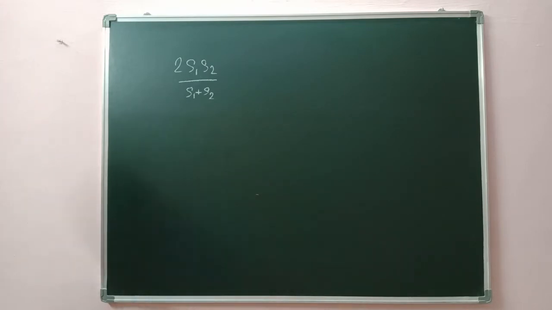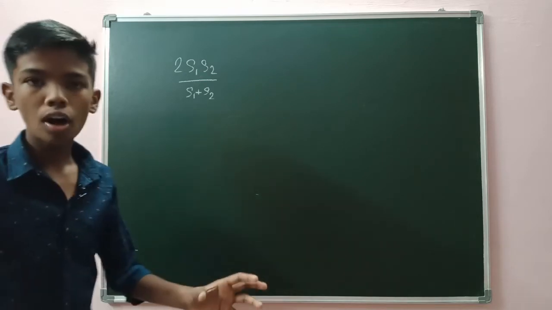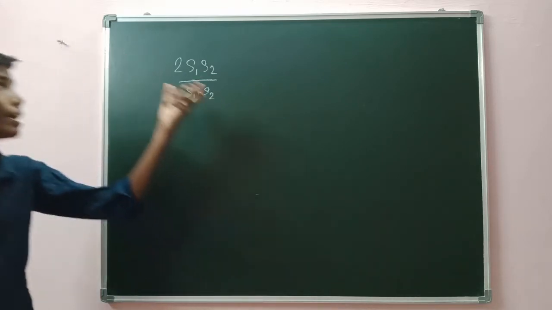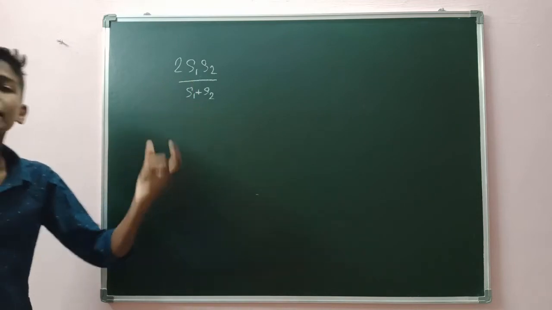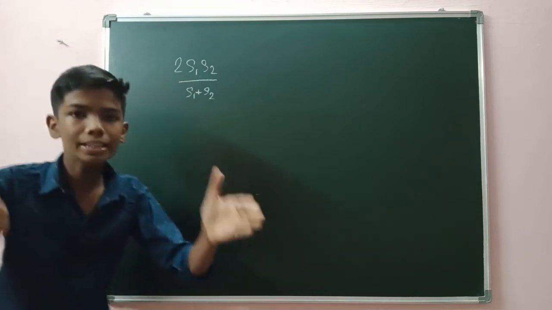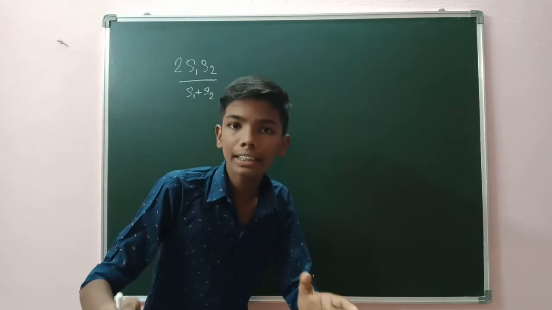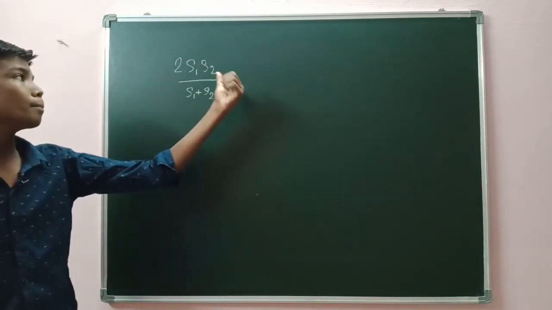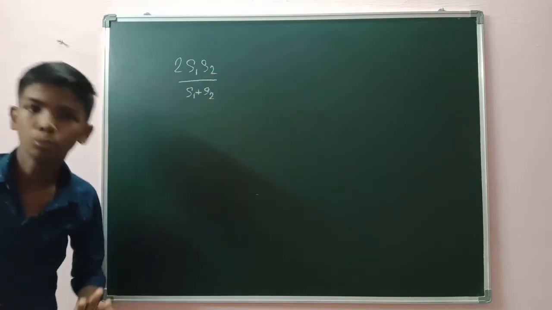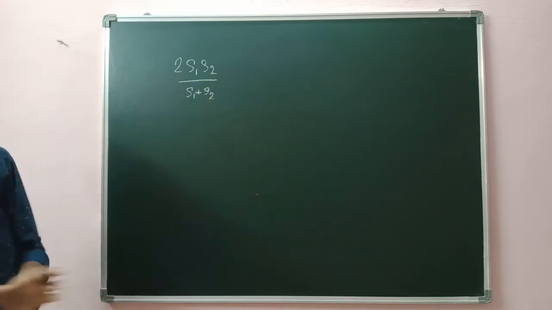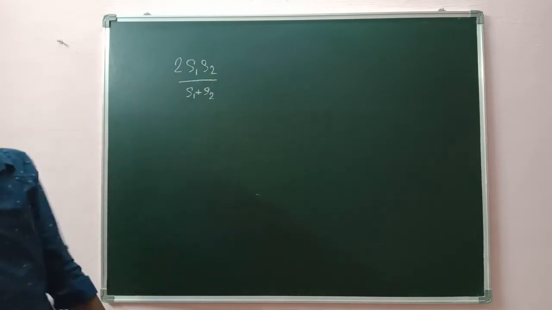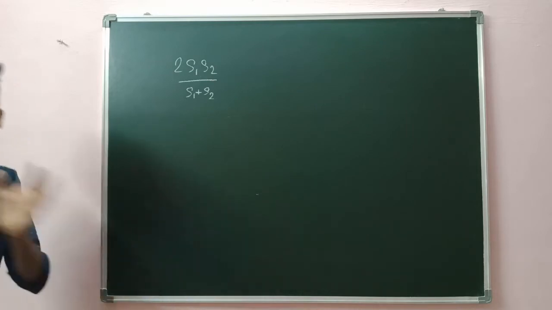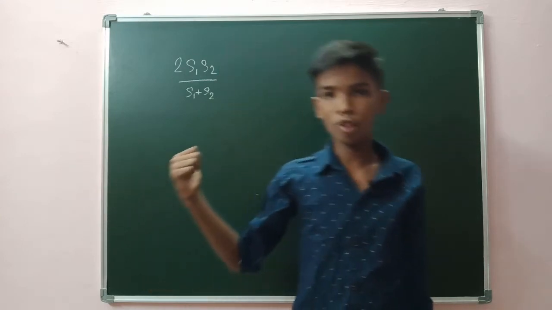The condition for using this formula is that for traveling at speed S1, there will be a distance, and that distance should be equal to the distance traveled at speed S2. That's the condition that you guys must understand. The two distances must be the same, and that is when you can use this particular average speed formula.